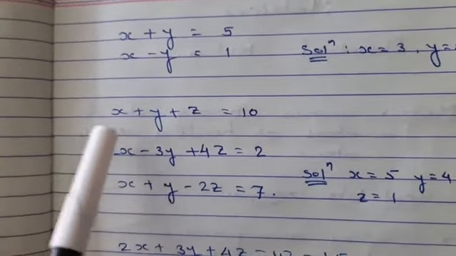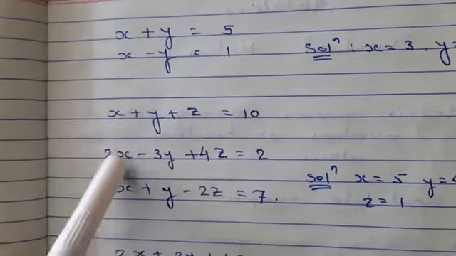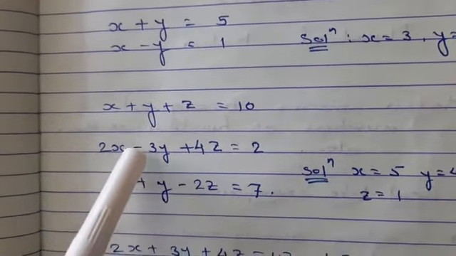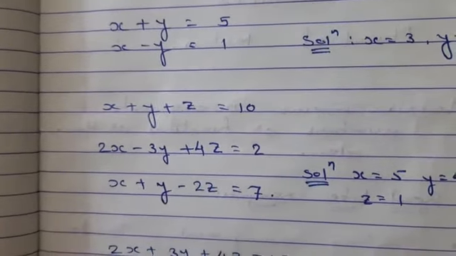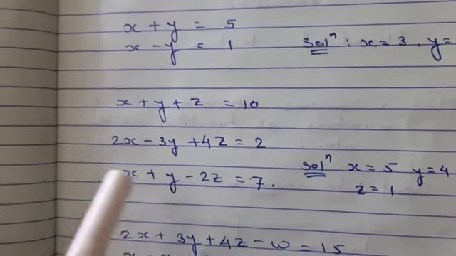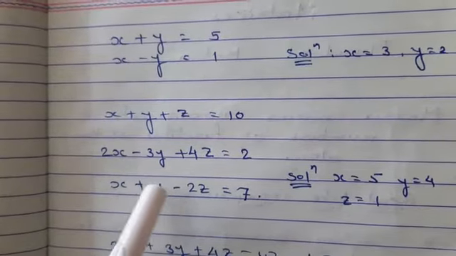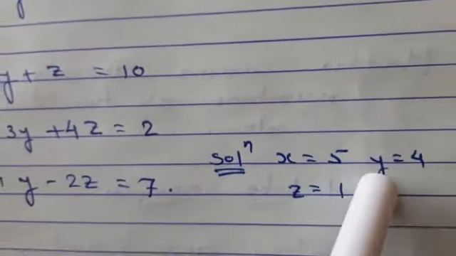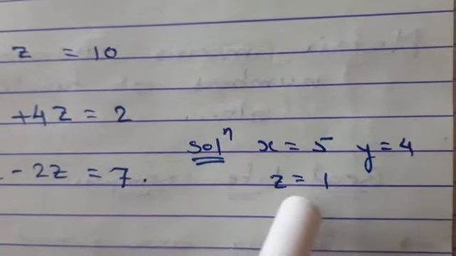So in short, we need to eliminate any one variable from the first two equations, then again the same variable from the last two equations, and going on with the same method we will get the equations in two variables, and we get the answer, that is x is equal to 5, y is equal to 4 and z is equal to 1.